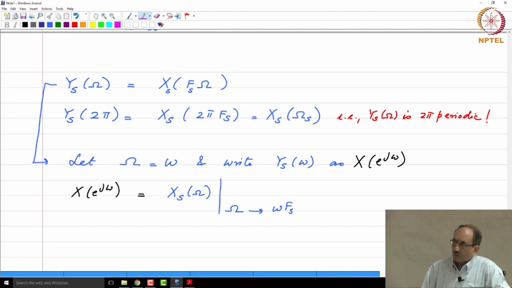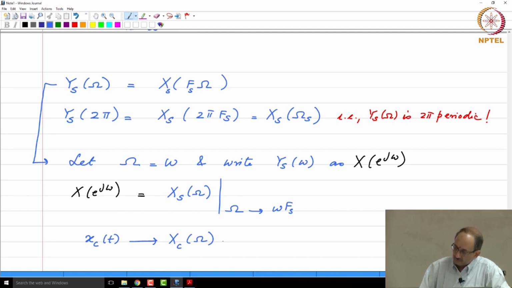So, now what we will do is, we will start off with Xc of t, then we know what its Fourier transform is, which is Xc of omega.